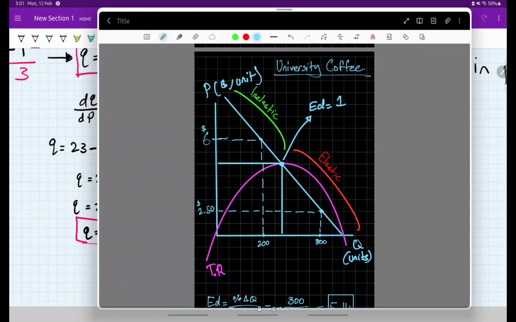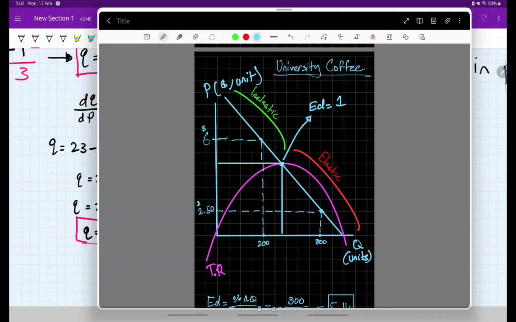And if you look on the right hand side of the demand curve, the linear demand curve, it's just a straight line, it's elastic. At the point in the middle, unit elasticity is 1. Anything to the right of that is elastic. Anything to the left of that is inelastic. And we're looking at a university charging prices for a coffee and the respective quantity demanded at those prices, and how this equates to revenue.